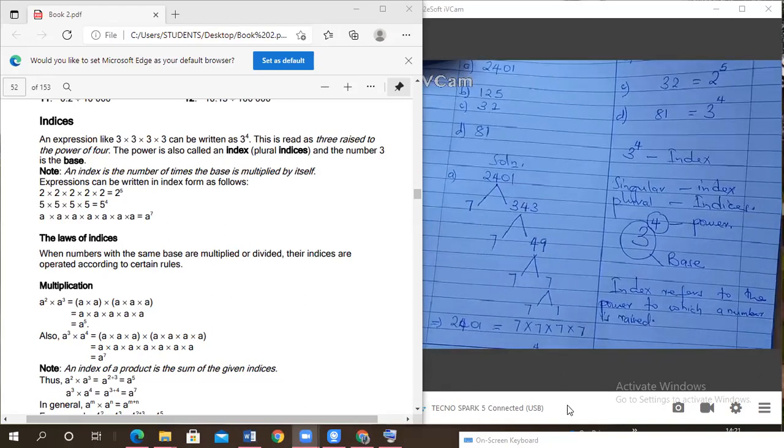That's what we call index. Are we together? Yes, index refers to the power to which a number is raised.